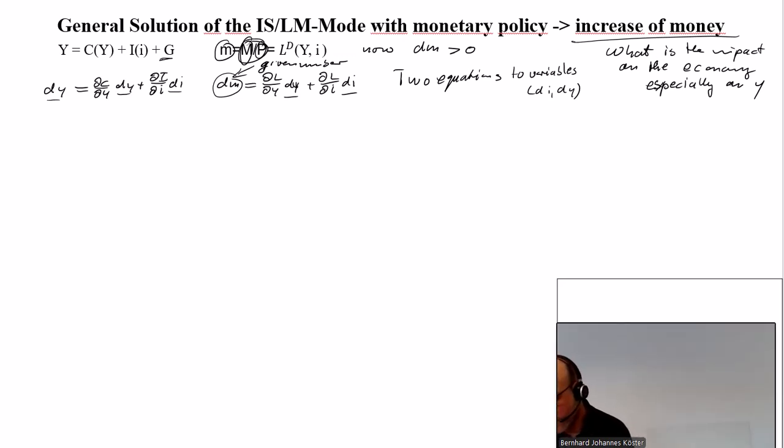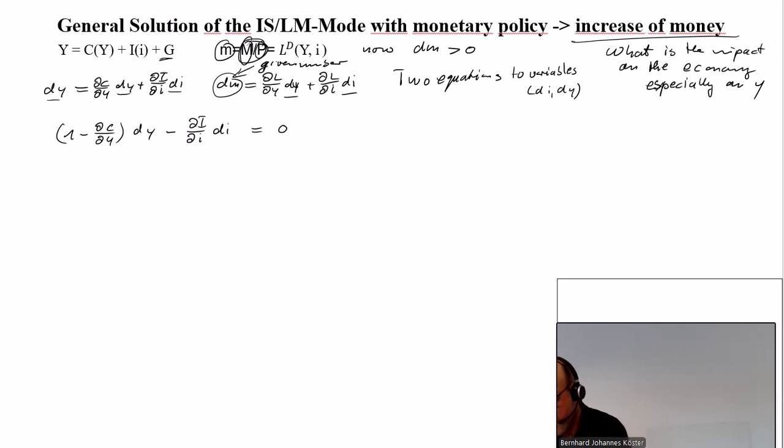Then we obtain 1 minus marginal consumption times dy, minus di equals 0.